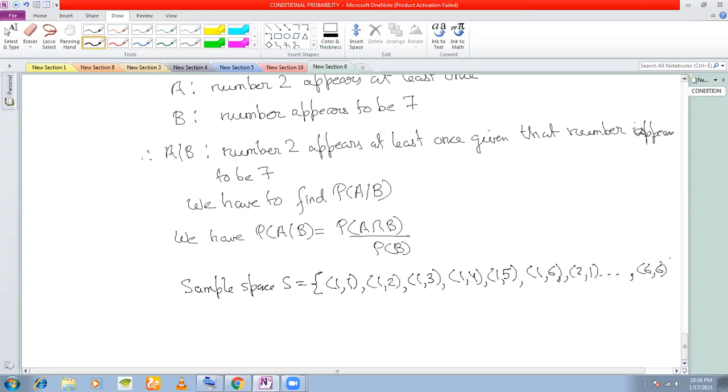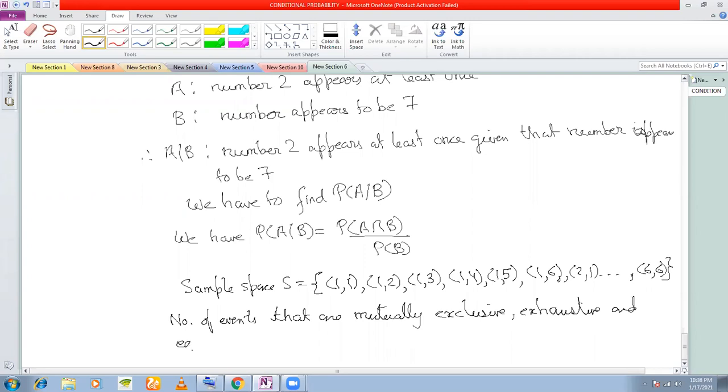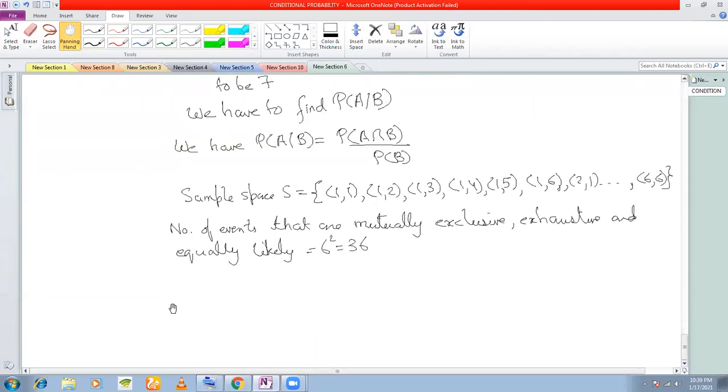So the number of events that are mutually exclusive, exhaustive and equally likely is 6 square, which is 36.